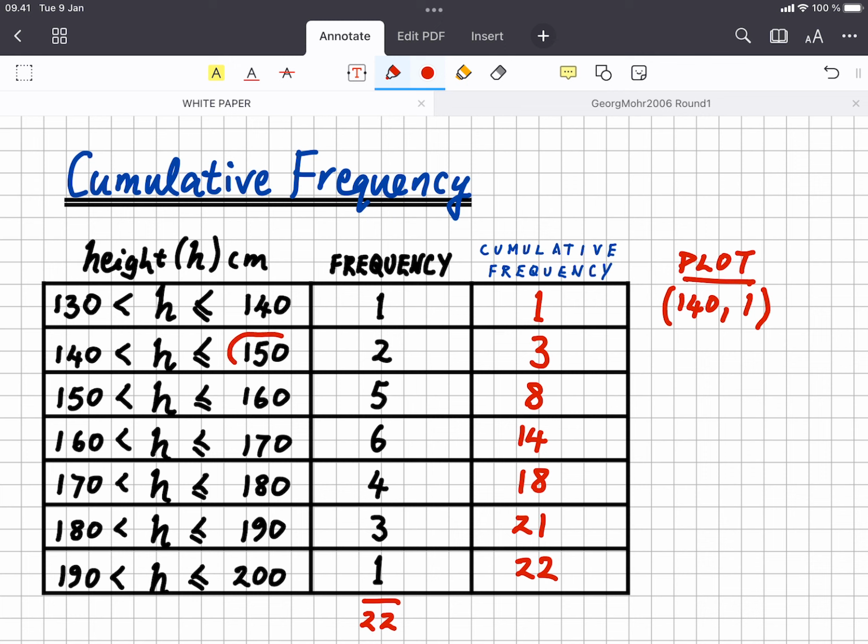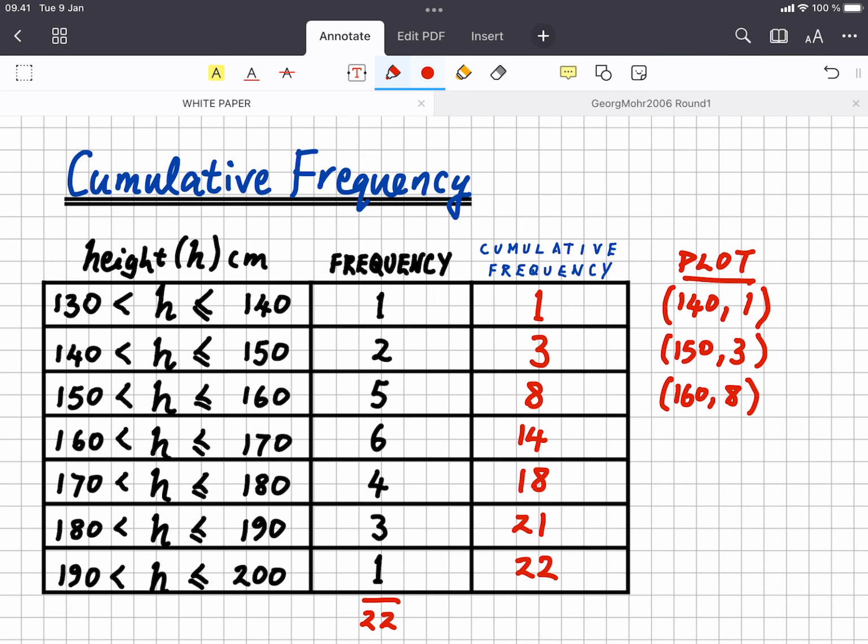I'm going to plot 150 against 3 to show that there are 3 people whose heights are up to and including 150. I'm going to plot 160 against 8 to show me that there are 8 people with heights up to and including 160.